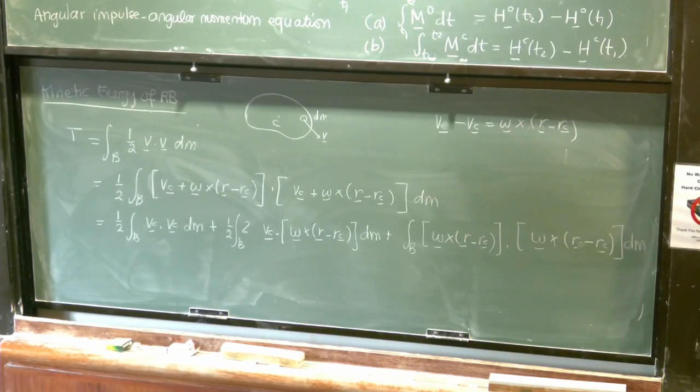So I expanded, and it's basically a plus b dot a plus b: a squared plus b squared, and 2ab.